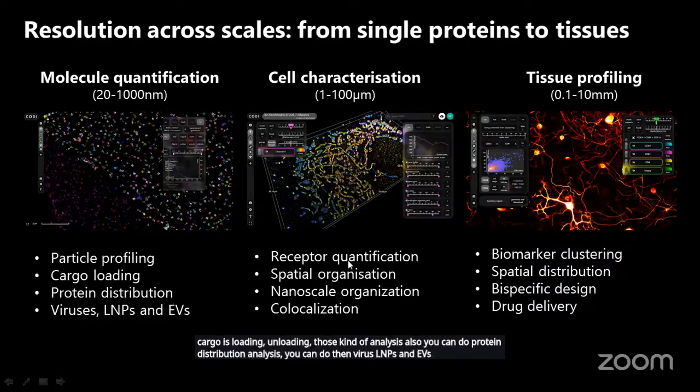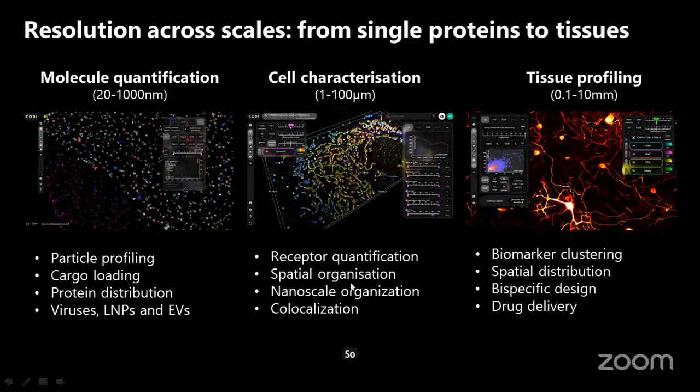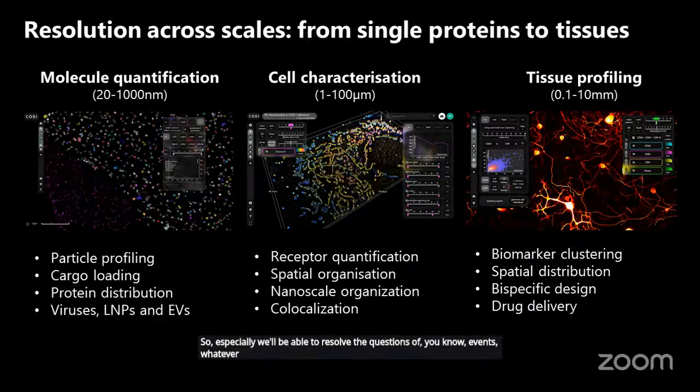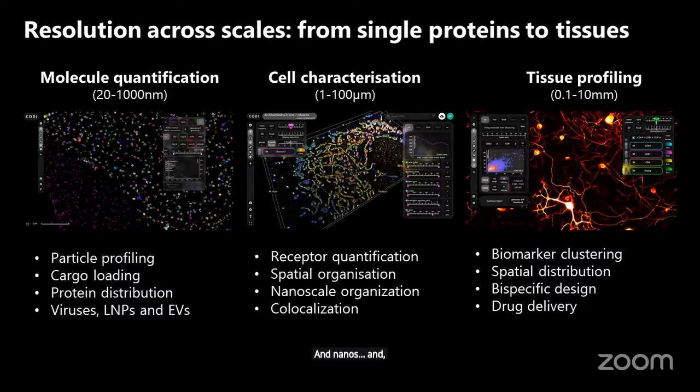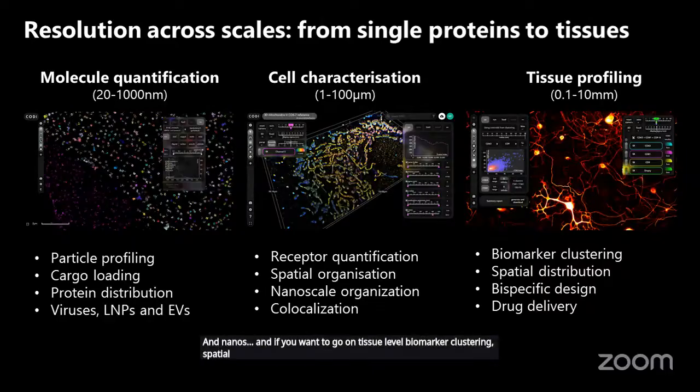In cell characterization, you can do receptor quantification and spatial organization, so you will be able to spatially resolve questions about nano events or cellular events, whatever has been happening. If you want to go to the tissue level, biomarker clustering, spatial distribution, and bispecific or drug deliveries can be seen.